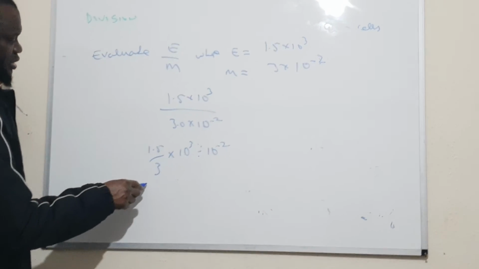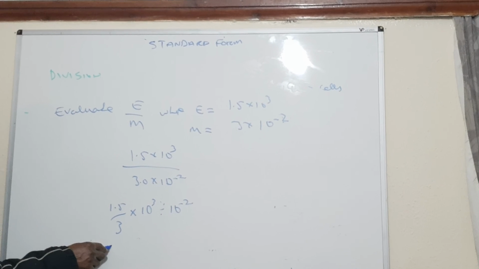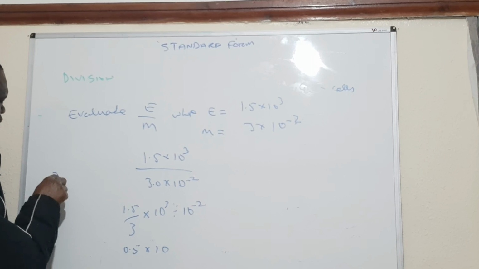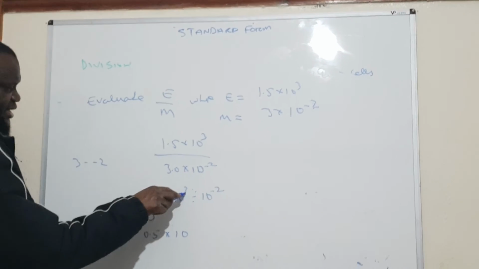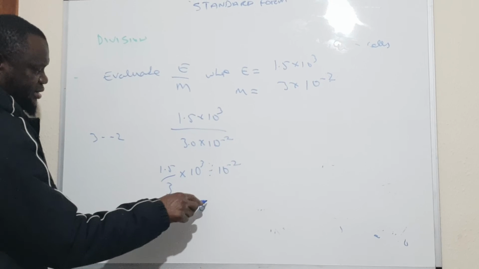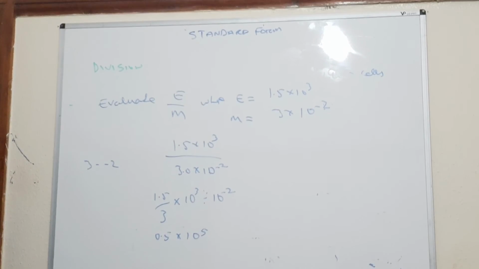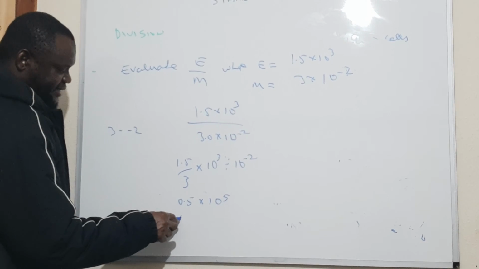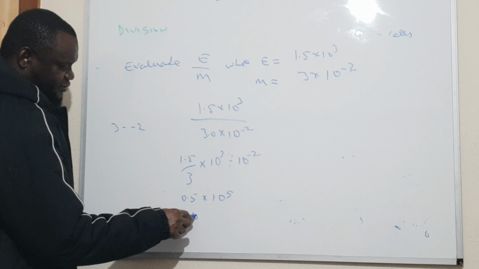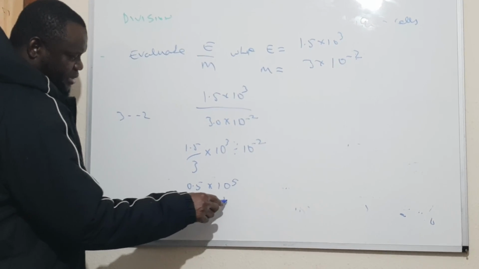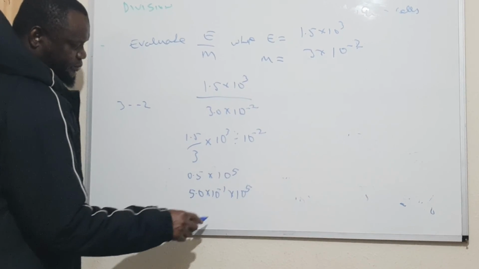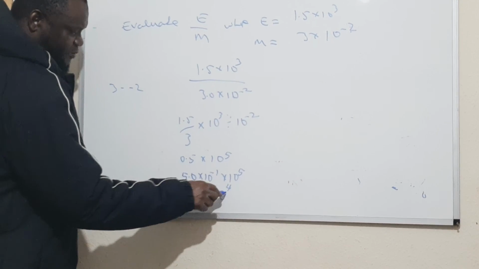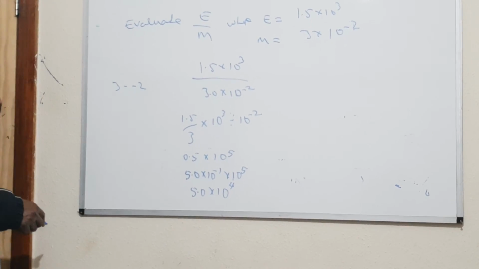Okay, this is 0.5 times 10 to the power 3 minus minus 2. Be careful of that. When you subtract minus 2, it is 10 to the power 5. Is that the answer? No. So 0.5 is 10 to the power minus 1 times 10 to the power 5. So that is 5.0 times 10 to the power 4. Yes, 4.